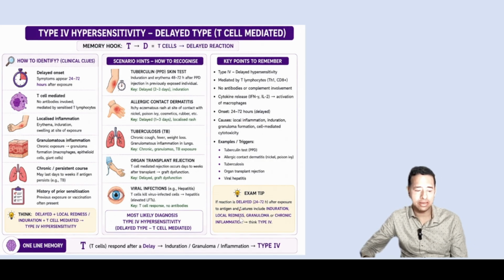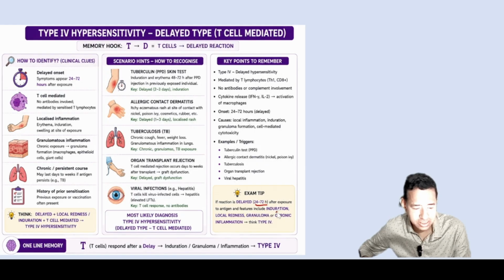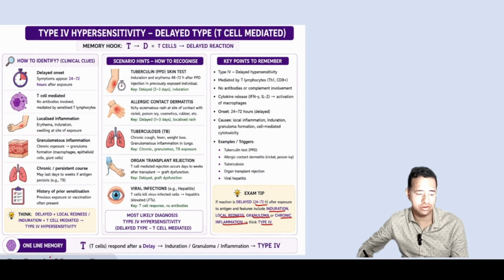For exam purposes they will give you 24 to 72 hours after exposure to antigen. Features include induration, local redness, granuloma, or chronic inflammation.